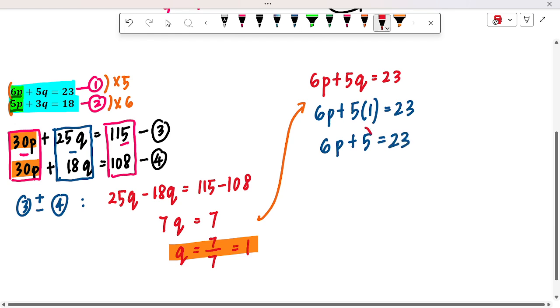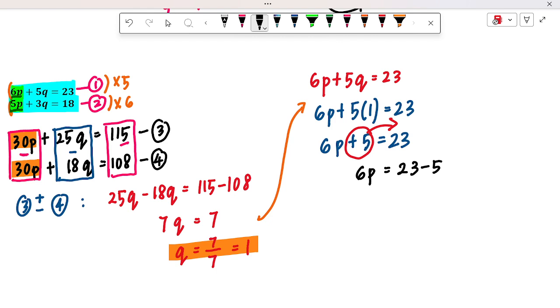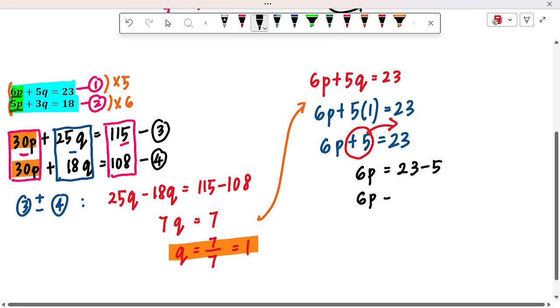Next step, linear equation, positive 5 shifts here and will become negative. So 6p equivalent to 23 minus 5. Your next step, 23 minus 5 will give you 18. So 6p equivalent to 18.